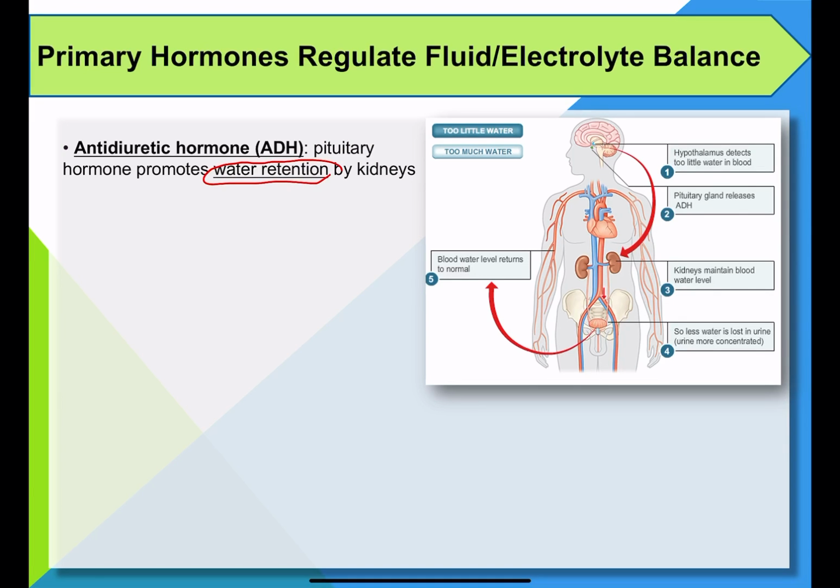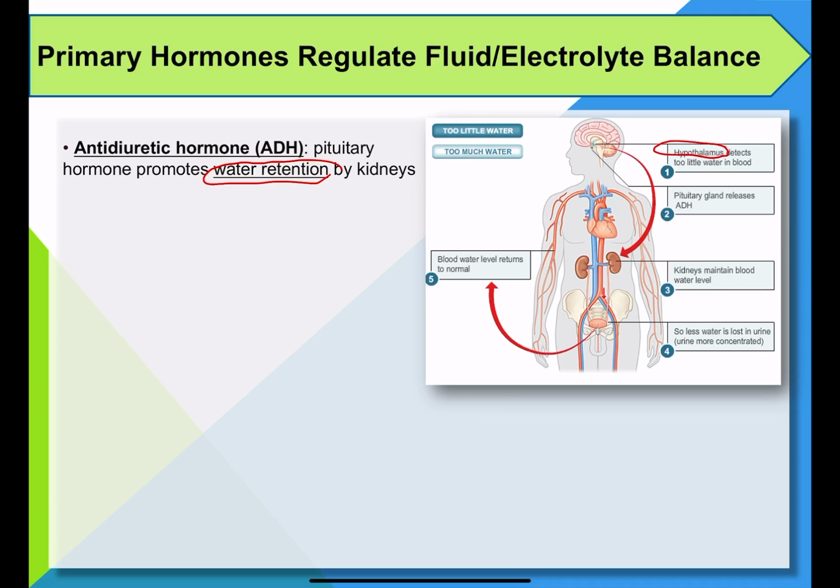Remember that it is your hypothalamus that generates ADH, and that gets sent to your pituitary gland. Remember, your neurohypophysis or posterior portion of your pituitary gland doesn't make any hormones, but it relays hormones from the hypothalamus to the rest of your body, and one of those was ADH.